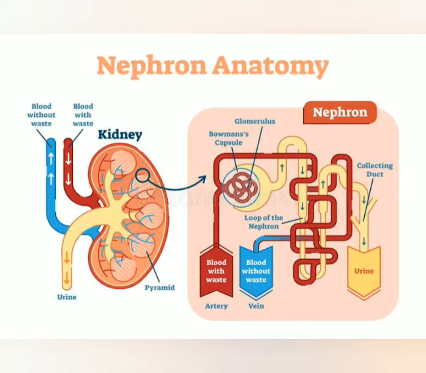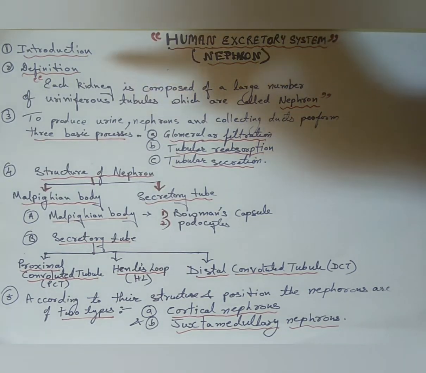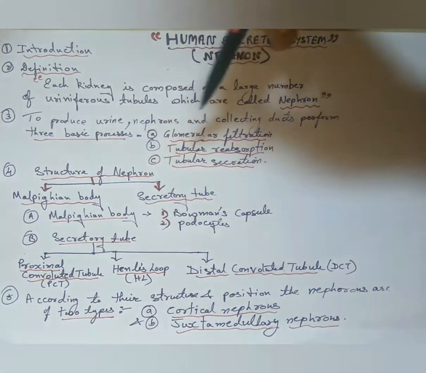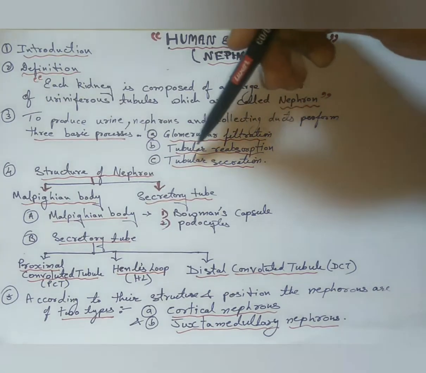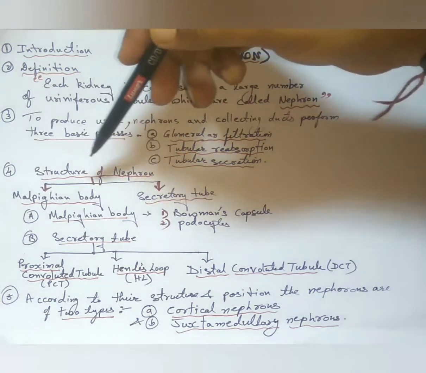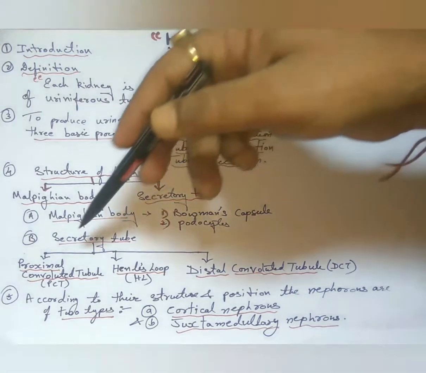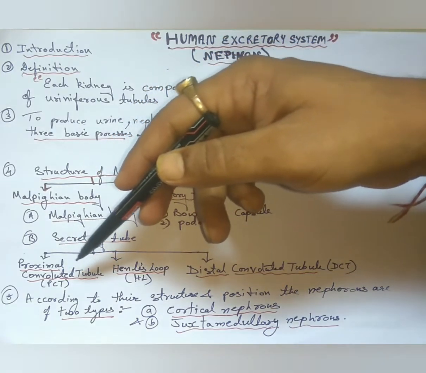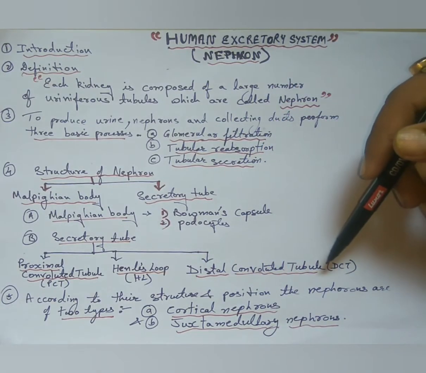Today we will discuss the human excretory system, nephrons. In this we will discuss introductions, definitions, three basic processes: glomerular filtration, tubular reabsorption, tubular secretion, then the structure of nephrons, Malpighian body and secretory tubule, and after that the secretory tubule divides into proximal convoluted tubule, Henle's loop, distal convoluted tubule.